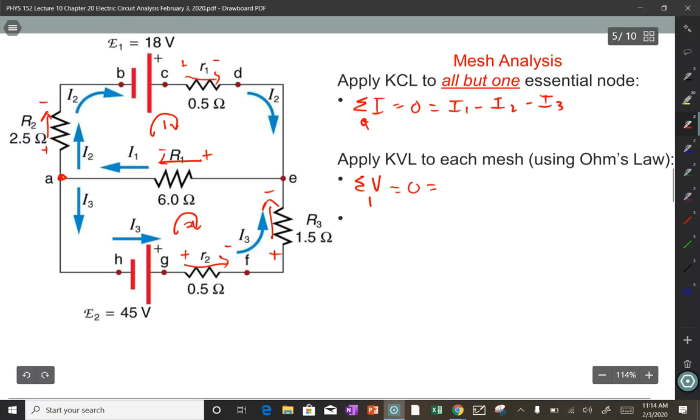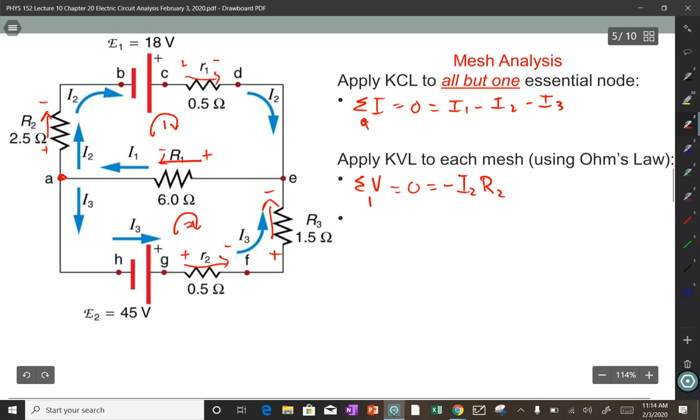I'm adding the voltages, so how do I find the voltage based on resistance and current? Ohm's law, V equals IR. Now, is this going to be a voltage rise or a voltage drop? Drop, because it went from plus to minus. So I have minus, Ohm's law is I2 times R2.